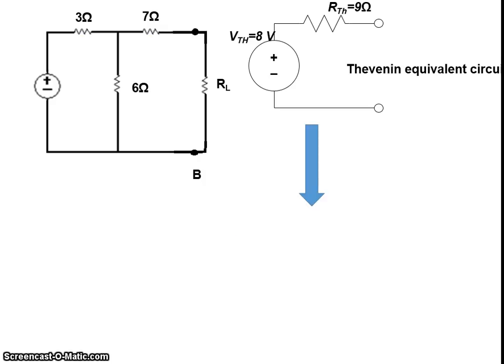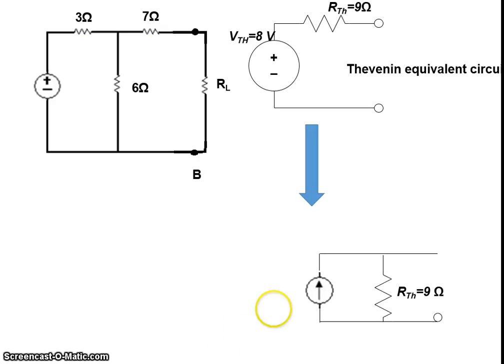Since in the same question you are asked to get the Norton's equivalent circuit also, if you remember, Norton's equivalent circuit has a single current source in parallel with a single resistor. The value of the resistor is the same as what you have found for the Thevenin's equivalent circuit.